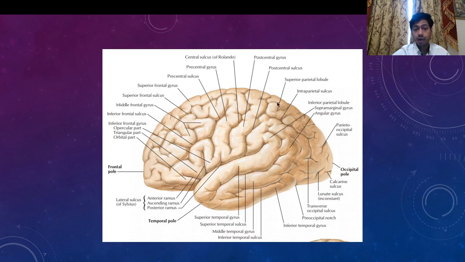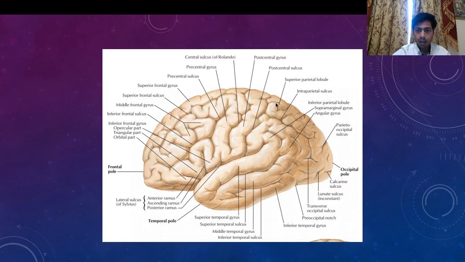And we also have the calcarine sulcus, which is found near the occipital pole in the occipital lobe. It's better seen inferiorly or from a medial view.